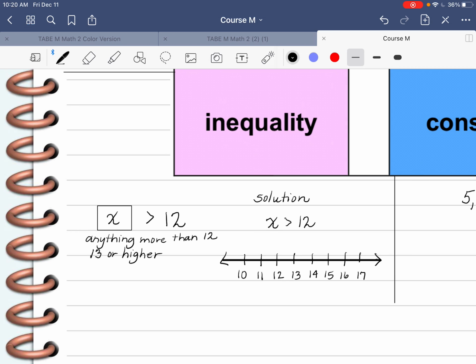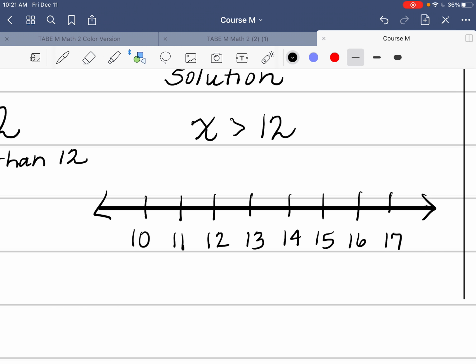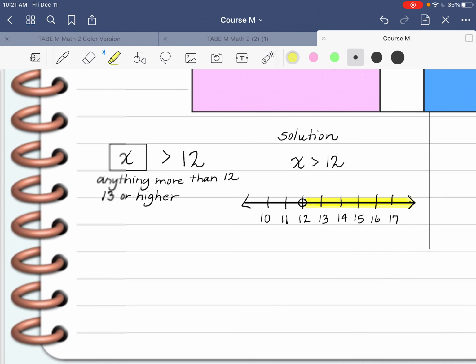And the arrows tell me that this keeps going on and on. So it can be anything above 12. It could be anything, even 12.1 it could be. So we don't want it to be 12, but we can go anything above that 12. So sometimes these are graphed solutions, and we'll be doing a lot of these too. So you'll learn how to do that once we get there.